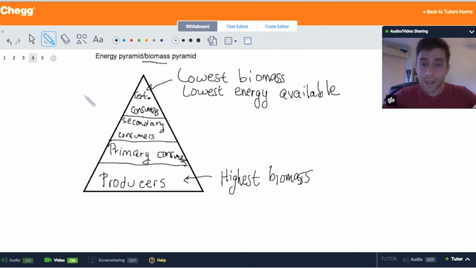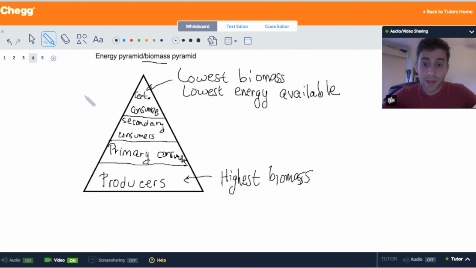So it gets a little bit complicated when you have arrows pointing to different things, because some species will be both primary consumers and secondary consumers. They can fill both roles because they eat plants and animals. So it gets a little bit complicated when you want to see the specific interactions of a specific ecosystem rather than generalize it into a pyramid.